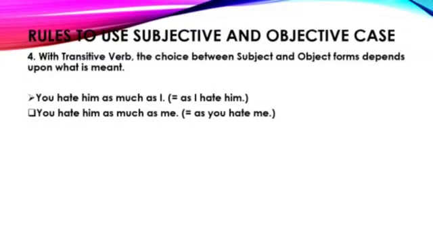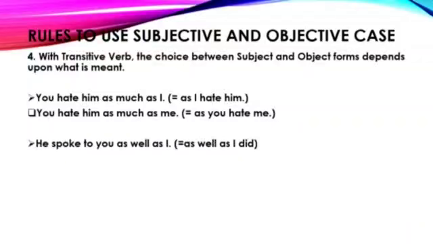Right? In the first sentence, तुम उसे उतनी नफरत करते हो जितनी कि मैं करता हूँ. But in the second sentence, तुम उसे उतनी नफरत करते हो जितनी मुझे करते हो. I means मैं and me means मुझे. So the sense of the sentence is totally changed.